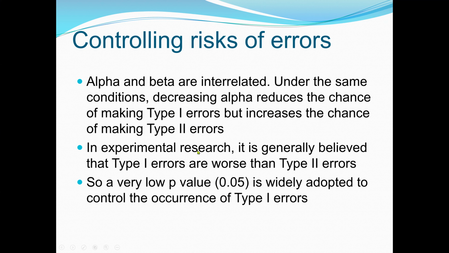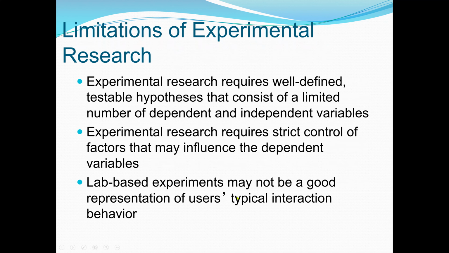So in the experiment, it's generally believed that type 1 errors are worse than type 2 errors, as we said earlier, because we are going to reject something that is true. And the p can be as low as 0.05 or lesser. So this is the limitation of experimental research. It requires a well-defined testable hypothesis that consists of a limited number of dependent and independent variables.